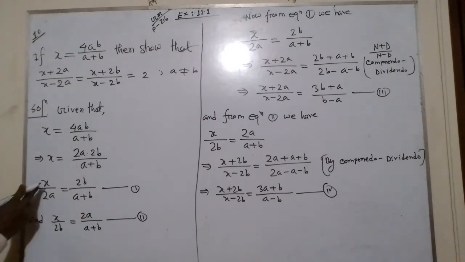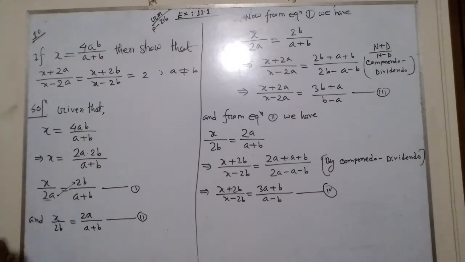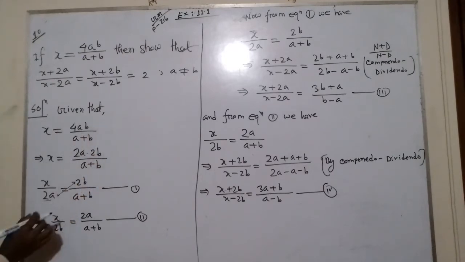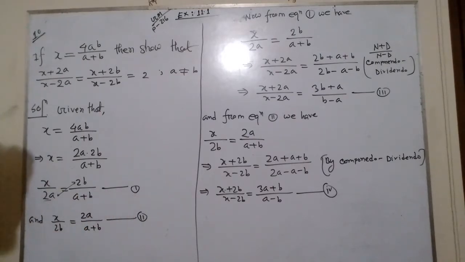Look, x divided by 2a equal to 2b divided by a plus b. This is equation number 1.